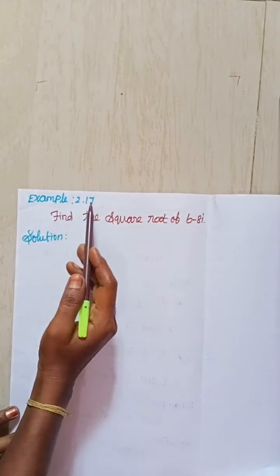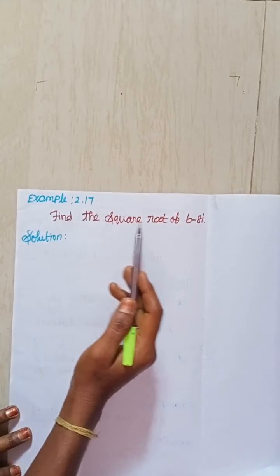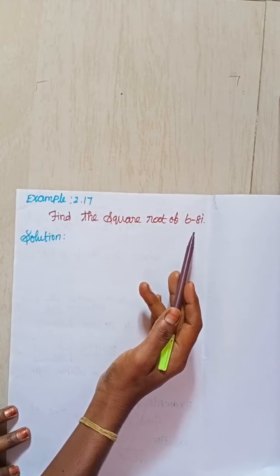Next, see example 2.17. Find the square root of 6 minus 8i.